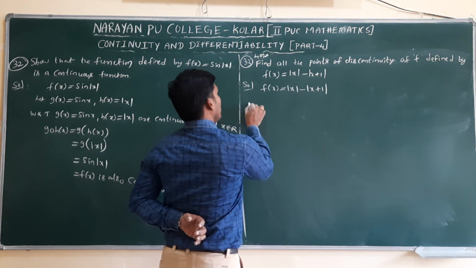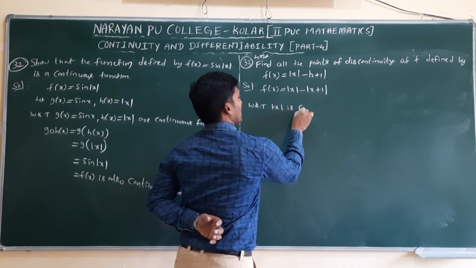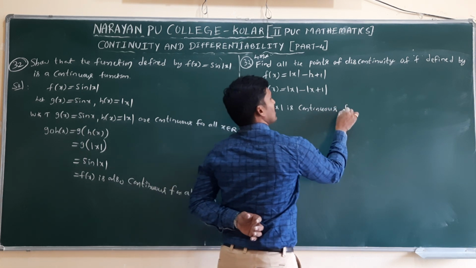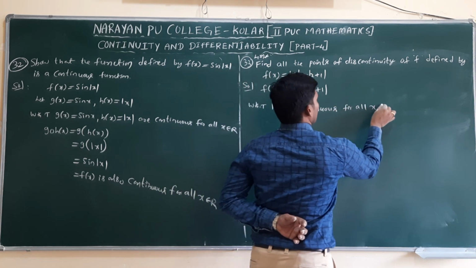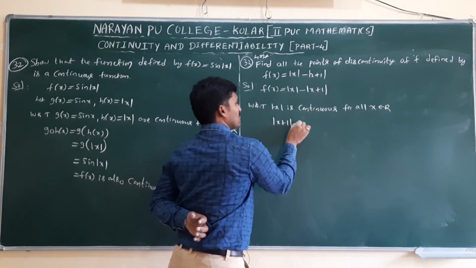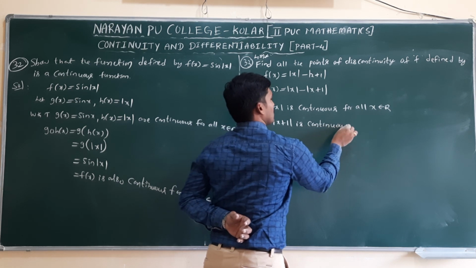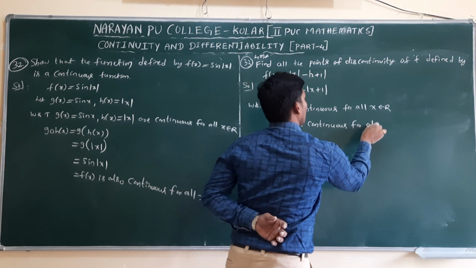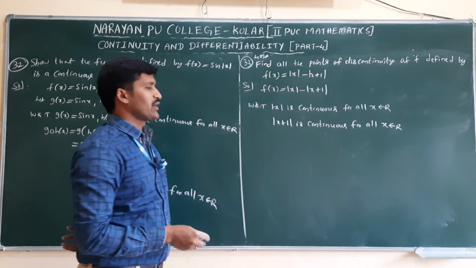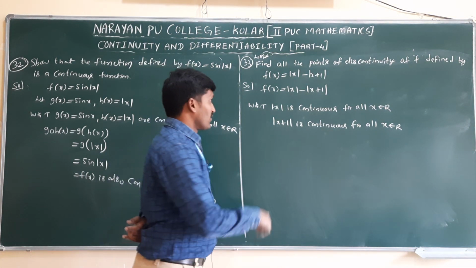That's why we know that mod x is continuous for all x belongs to R. Similarly, mod of x plus 1 is also continuous for all x belongs to R. When two functions are continuous for the domain real numbers, their difference is also continuous.